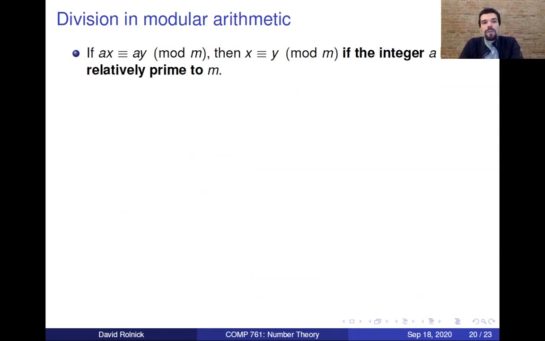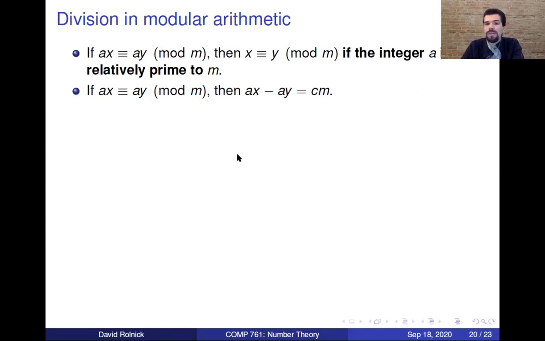It is possible. But suppose you have a times x is congruent to a times y mod m. Then you know that x is congruent to y mod m if the integer a is relatively prime to m. Why is this true? Well, if ax is equal to ay mod m, then ax and ay differ by some multiple of m, cm.